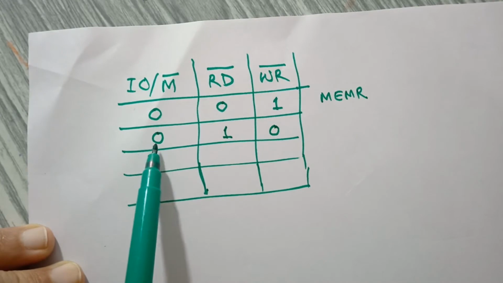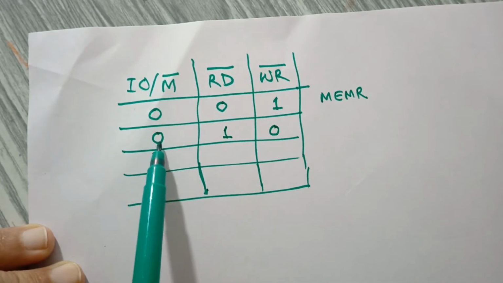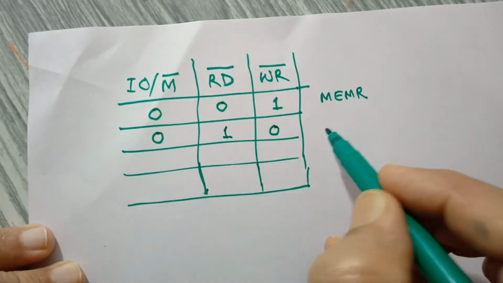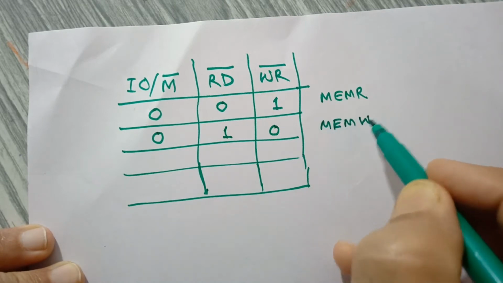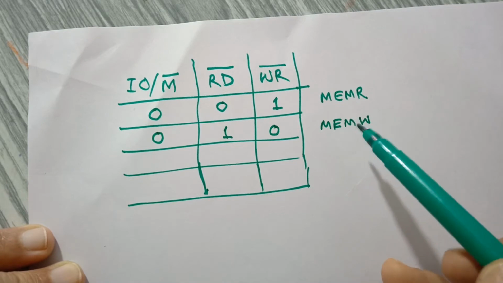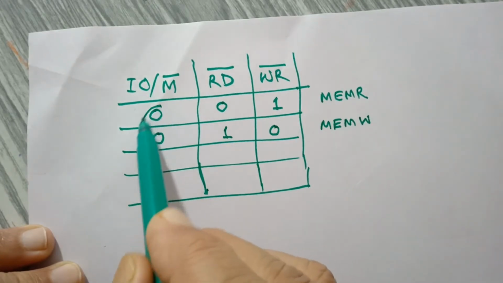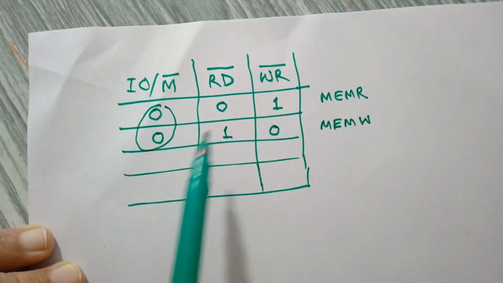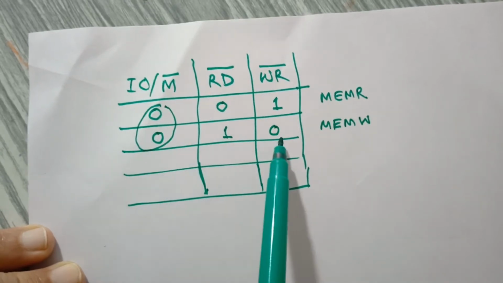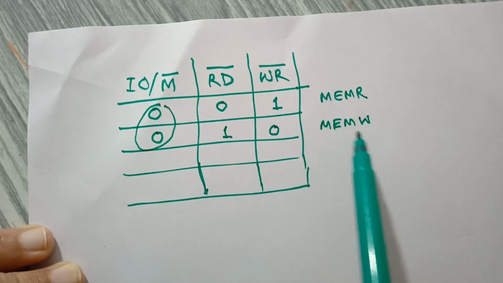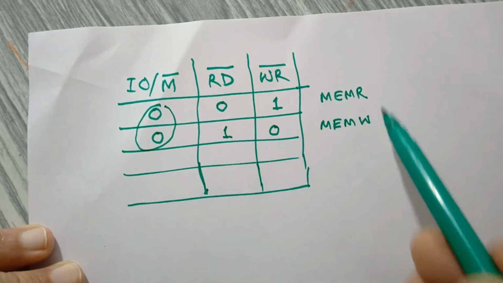Writing. And 0 means memory operation, so that is a memory write. You understand? So when this is 0, the operation is always memory, and whether it is read or write, we know that reading and writing. So there is no confusion.